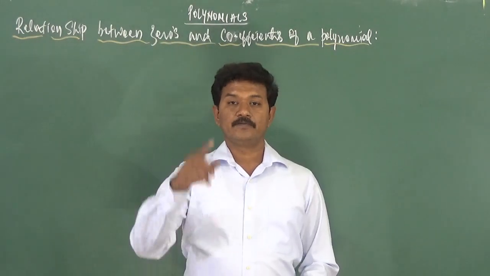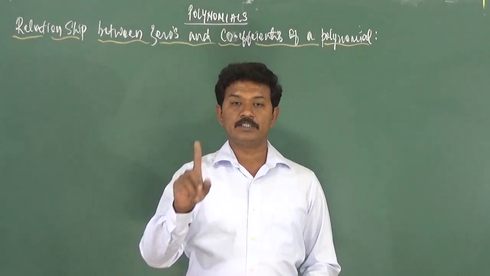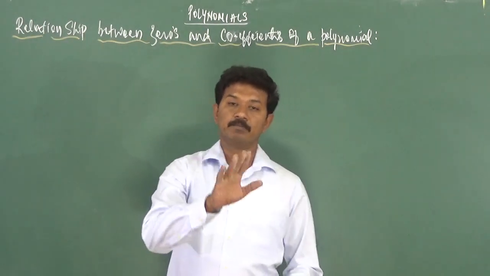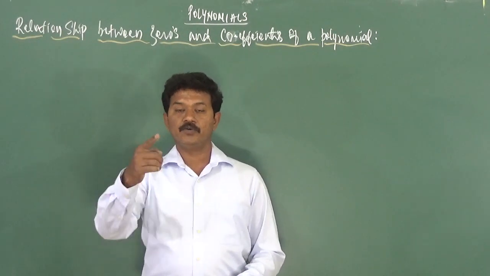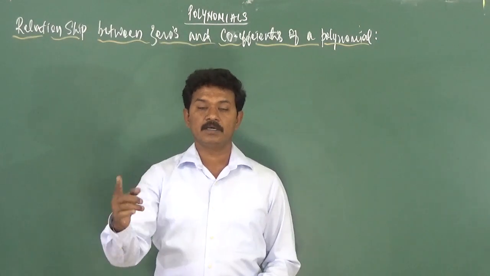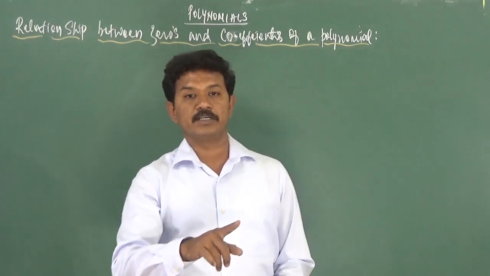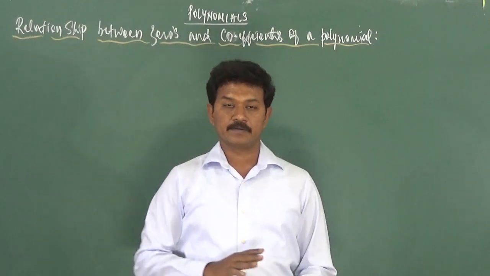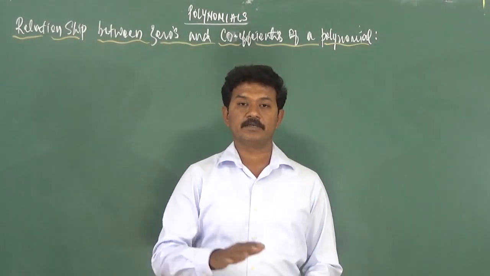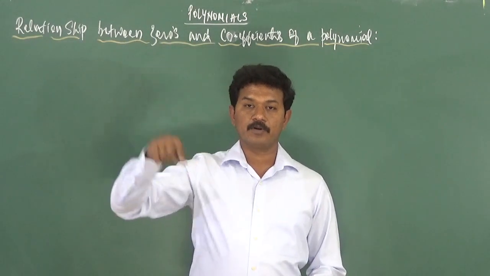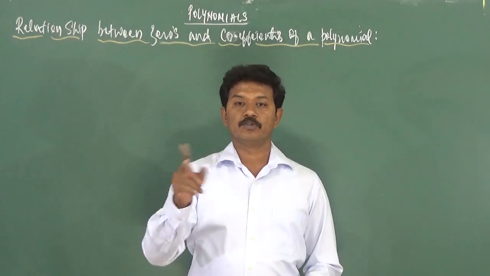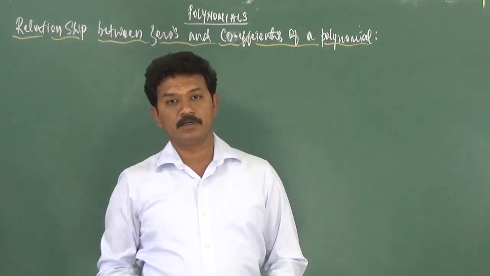If a quadratic polynomial has only one zero, it means the zero you have got is a real number and the zero you have not got is an imaginary or complex number. If a quadratic polynomial has two zeros, then both the zeros will be real numbers.